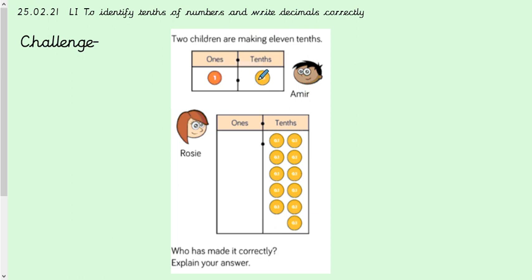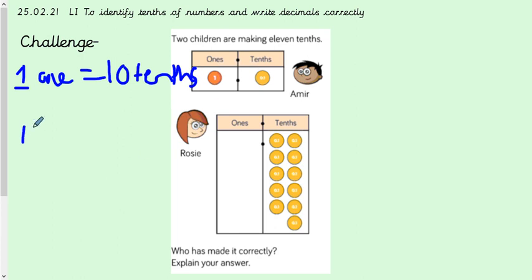Amia has just made sure that he's kind of exchanged 10 tenths and put them in the ones as 1, because we discussed in yesterday's lesson that 1 is the same as 10 tenths. Like when we have a 10, that is 10 ones.